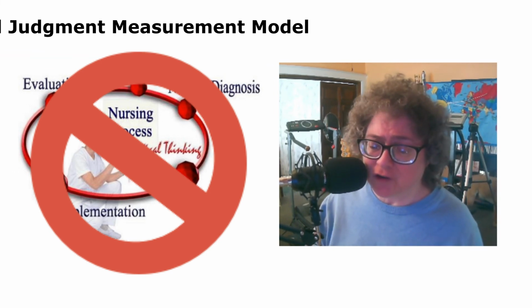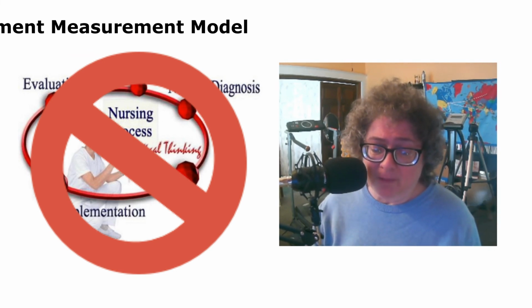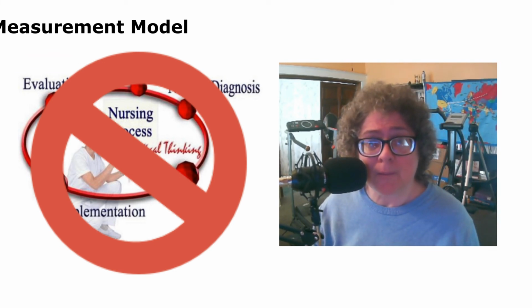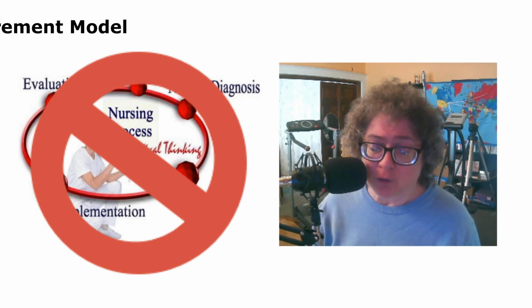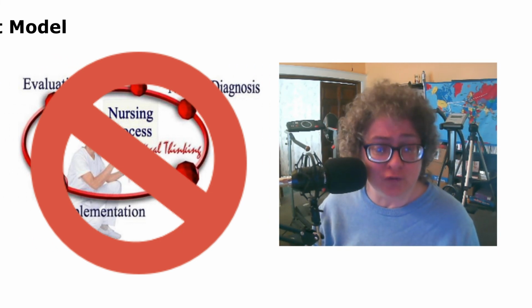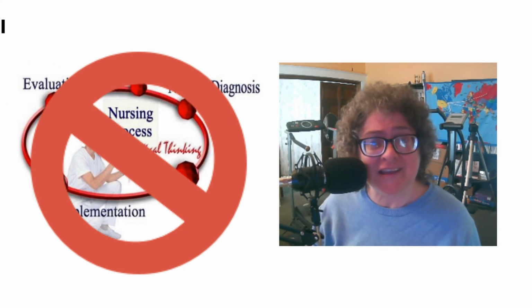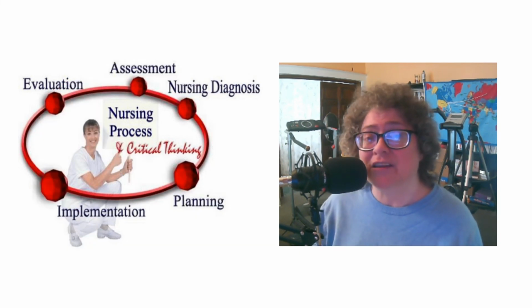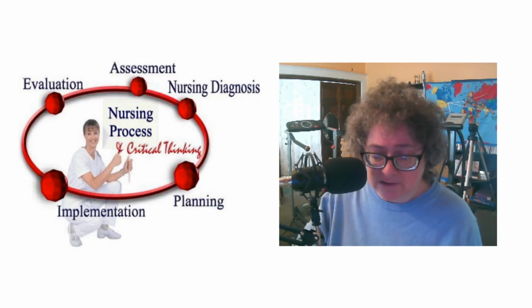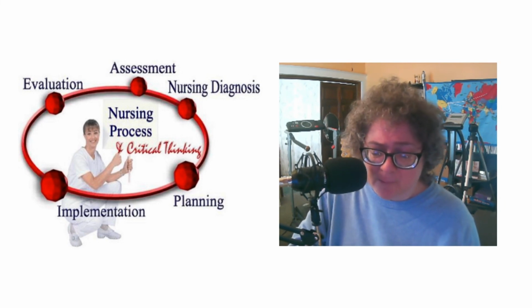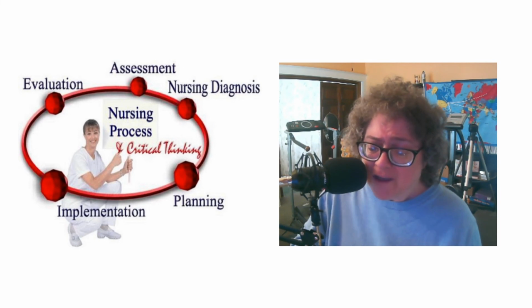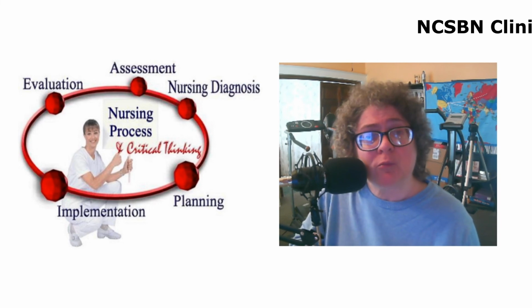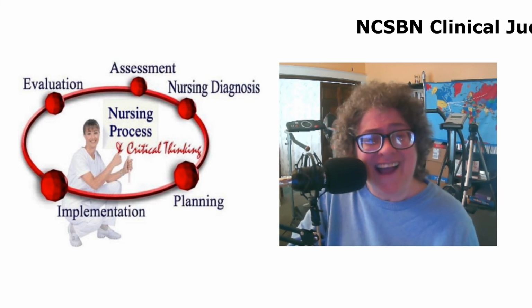I just want you to know that the clinical judgment measurement model uses recognizing cues that will be replacing assessment in the nursing process. The NCSBN clinical judgment measurement model uses analyzing cues and prioritize hypothesis will be replacing nursing diagnosis.